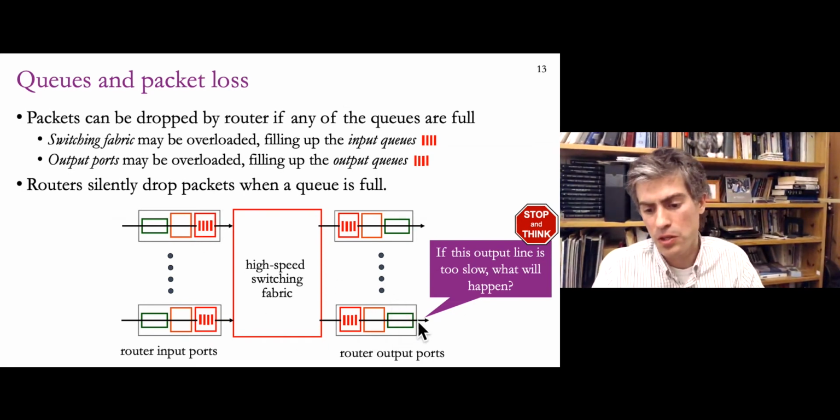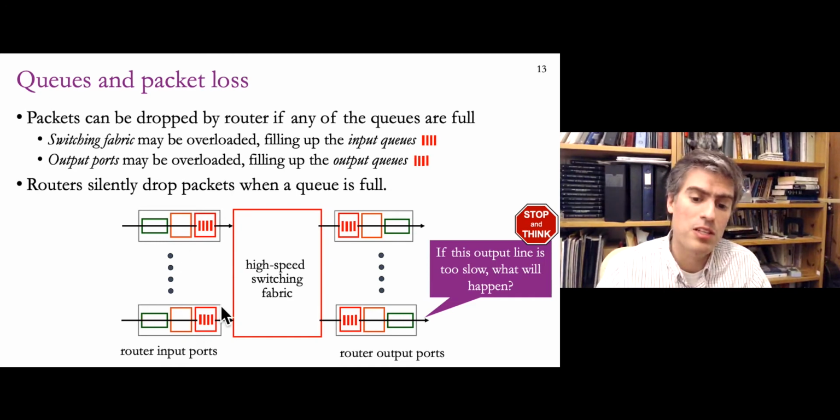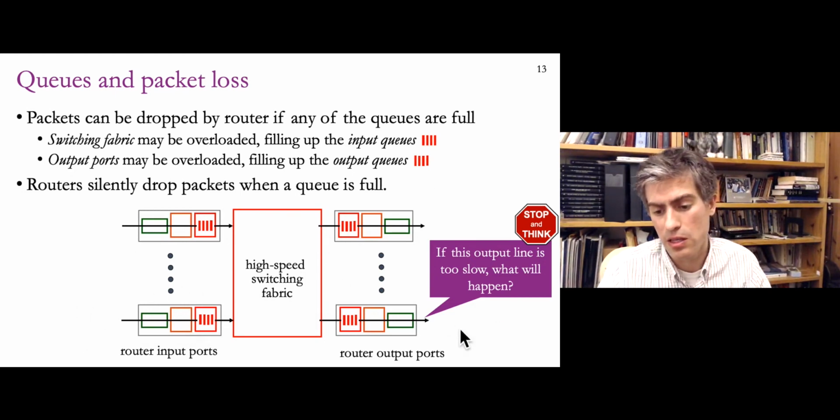The ones that are flowing to this output port will get queued up here beforehand, and this queue will get full, and packets will drop off of this queue. Other traffic that's going to other ports, like this top right port, would not be affected. So for traffic that's flowing in a different direction, there would be no packet loss, while the traffic flowing in this crowded direction could be experiencing packet loss.